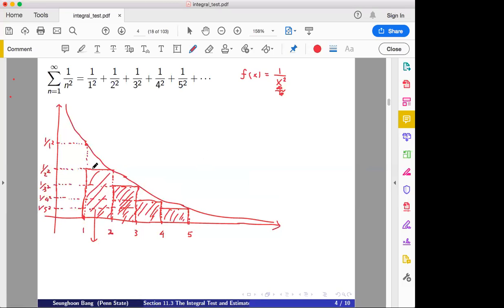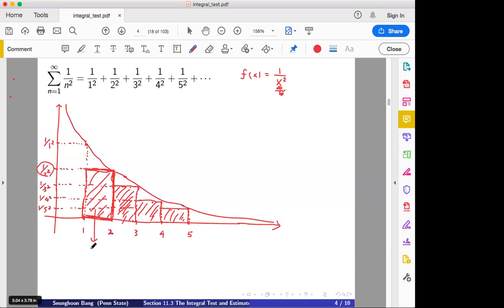What's the area of the first rectangle? Here, the width is 1 and the length is exactly 1 over 2 squared.